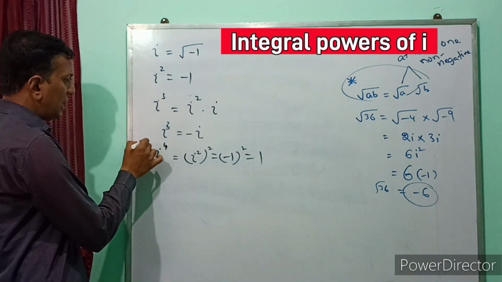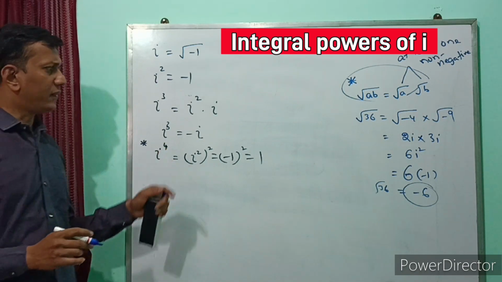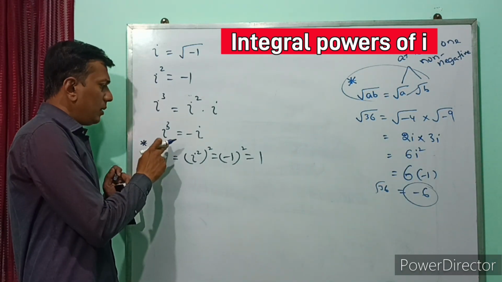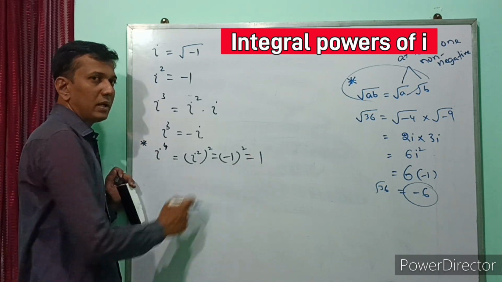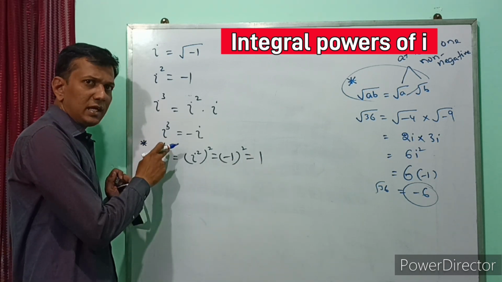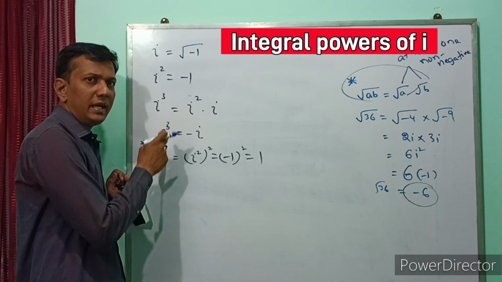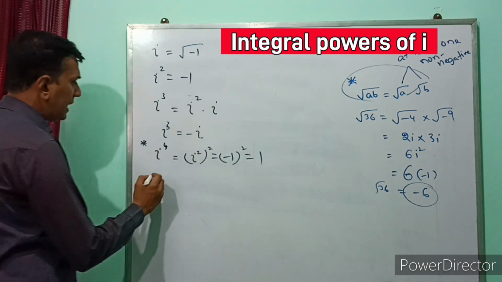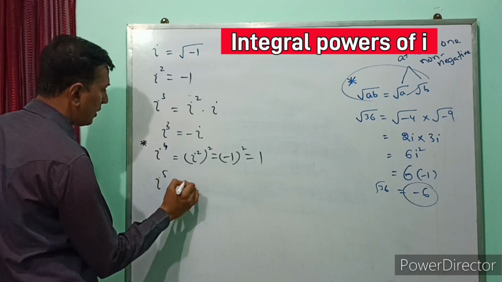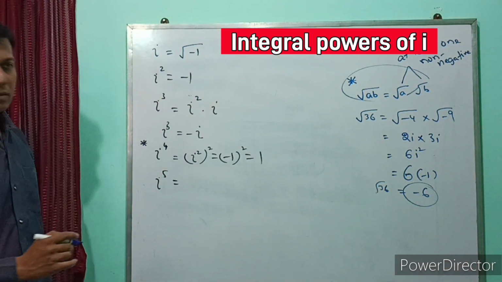So here we have to remember that not only i power 4, for all multiples of 4 we are going to get 1. That means if it is i power 8, i power 12, i power 20, for all multiples of 4 we are going to get 1. What happens if the power is more than 4?